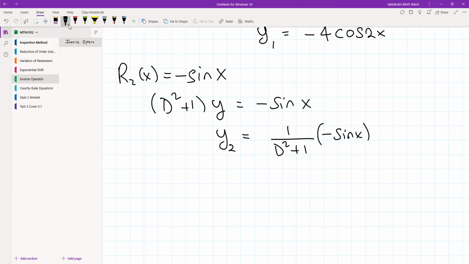Alright, so yang ni nampak tak, dia punya ni adalah a squared sama dengan 1 and then b sama dengan 1 sama dengan a. So kita guna yang disebabkan yang ni sin, so dia akan dapat cosine, dia punya jawapan last sekali.